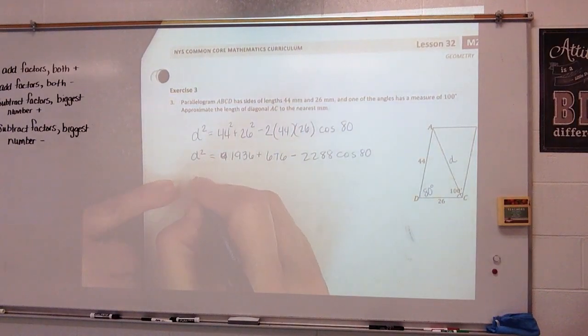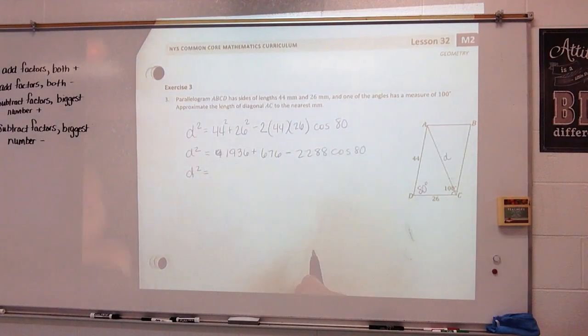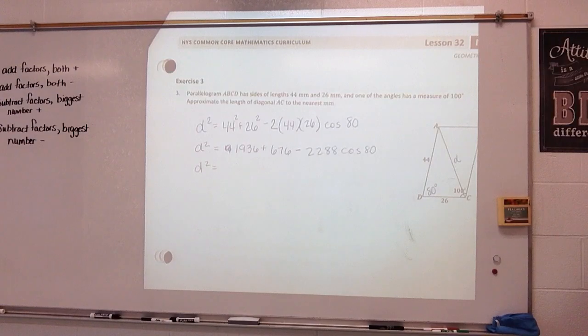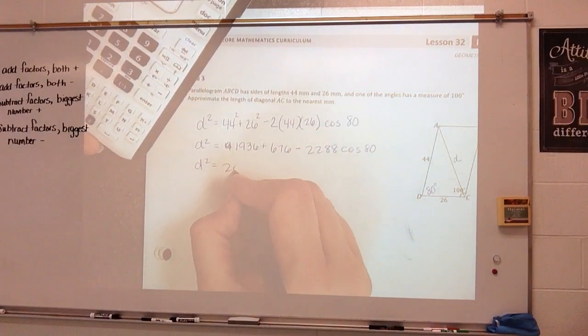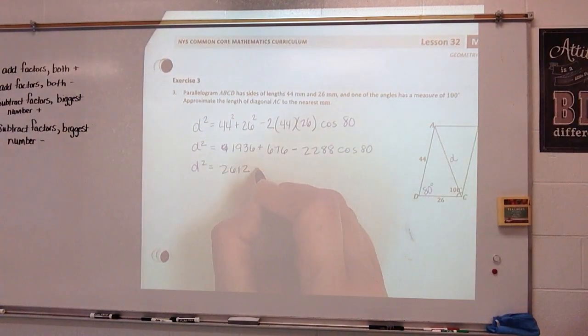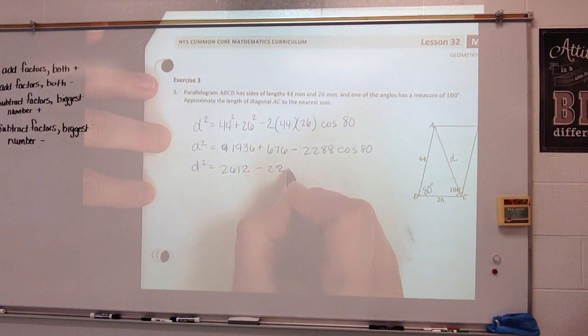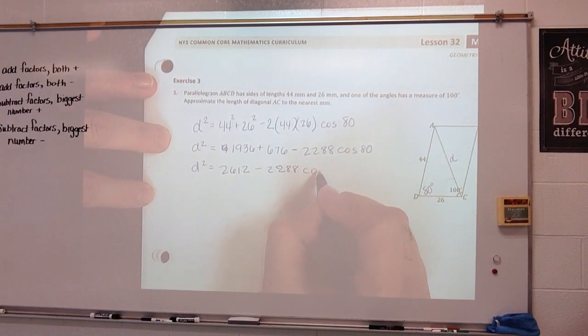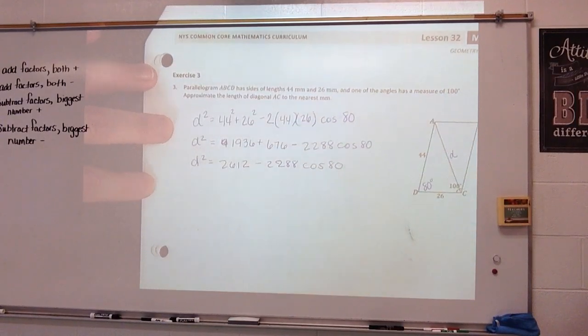Alright, d squared is equal to 1936 plus 676, so that'd be 2612 minus 2288 cosine of 80.